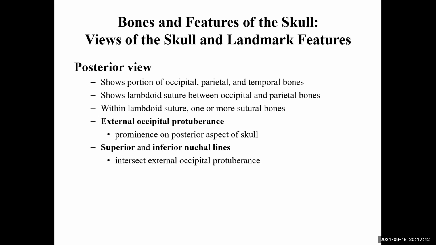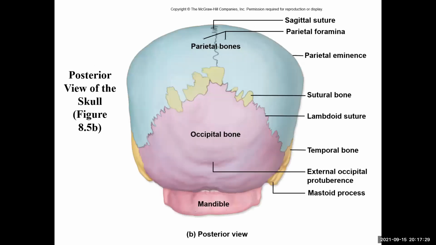Those lines are sites of attachment for structures that come from your neck. You have a ligament called the nuchal ligament that attaches onto the posterior portion of the occipital bone. I'll show you a picture here in a moment.